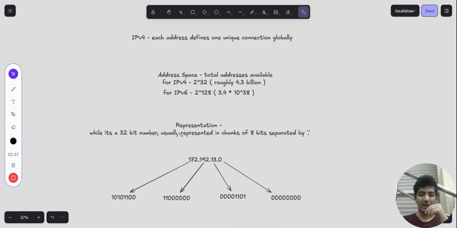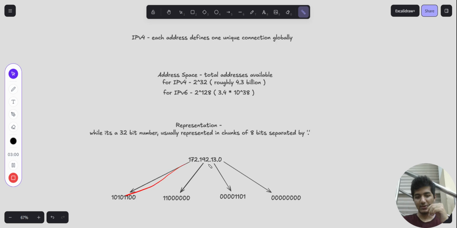Representation. Now, let's say I have an IPv4 number. How do I represent it? While it's a 32-bit number, for human readability and usability, we represent it in chunks of 8 bits, or 1 byte, separated by a dot. So 172.192.13.0.